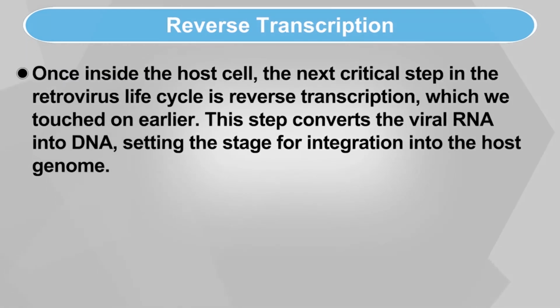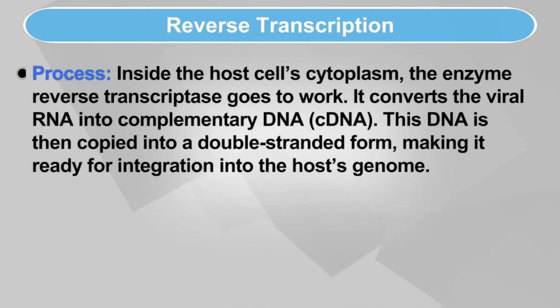Once inside the host cell, the next critical step in the retrovirus life cycle is reverse transcription, which we touched on earlier. This step converts the viral RNA into DNA. Inside the host cell cytoplasm, the enzyme reverse transcriptase goes to work.